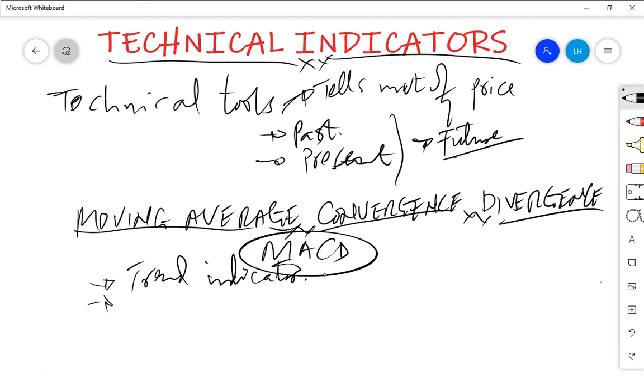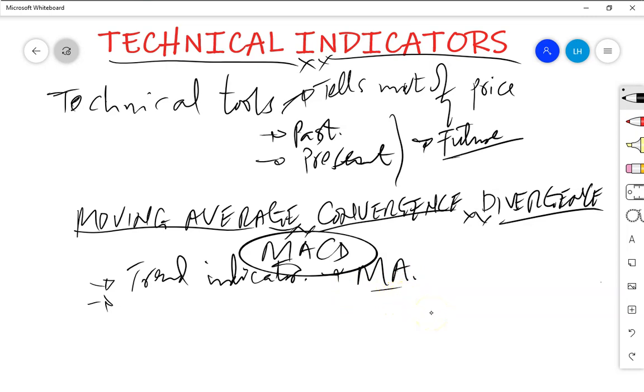So this is the moving average convergence divergence. It does the same function as moving averages, the normal moving averages. Actually, it is made up of moving averages, but it is not like those normal moving averages. It is somehow tweaked.